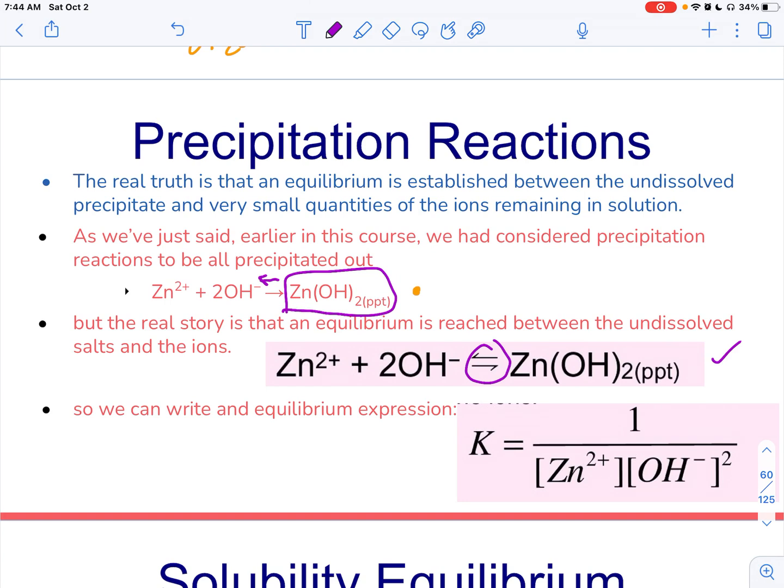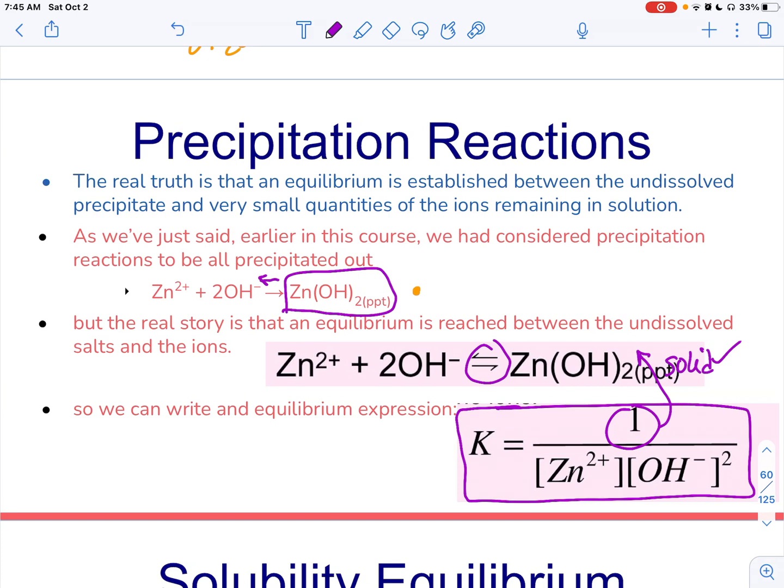Okay, now again, this isn't something that they were expecting you to do in the last one. If it's a Ksp problem, they will be very specific about it. But now we have an equilibrium thing, so we can specifically write our equilibrium constant. So this is what we would write for K. Now there's a 1 on top because this is a solid, right?